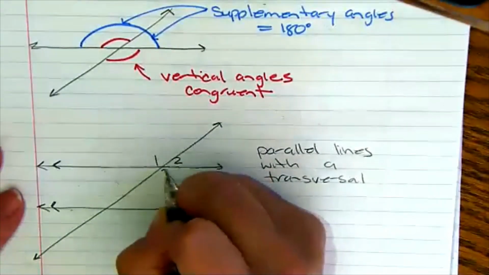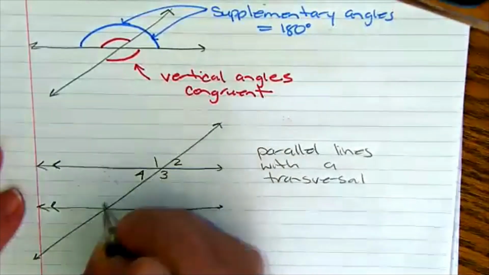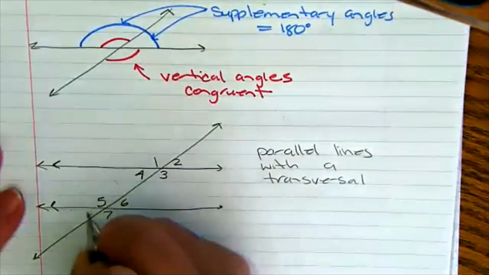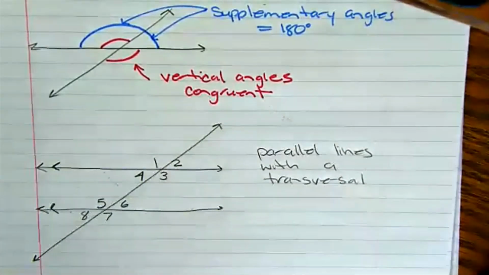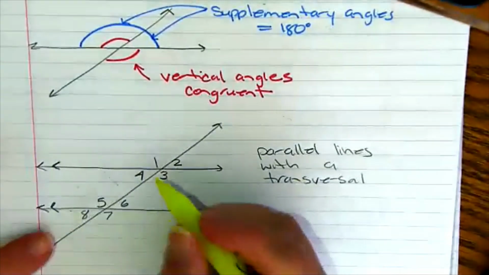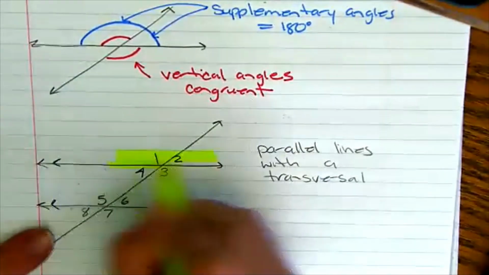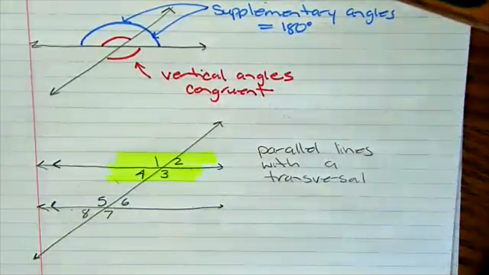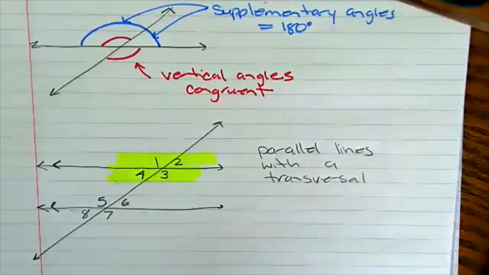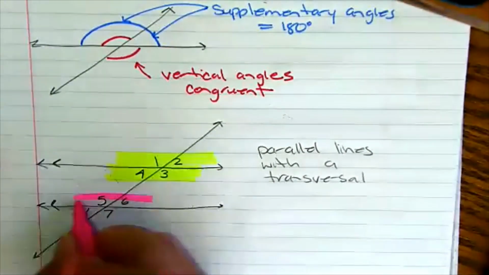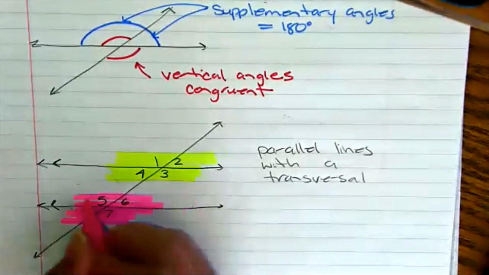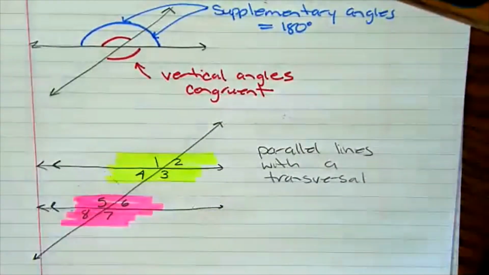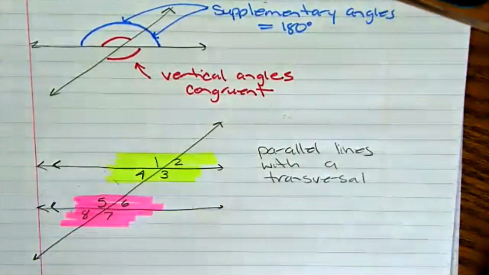And I want to show you something. 1, 2, 3, 4, 5, 6, 7, 8. Let's color code this so that we can talk about yellow and pink. It makes life a little bit easier. Okay, I'm going to show you something.